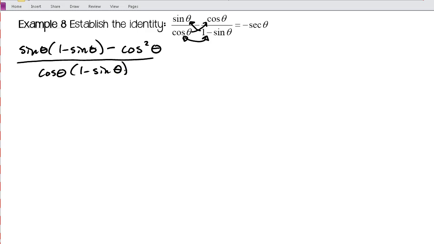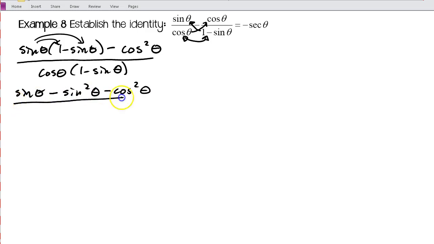Alright, so now I've got to start doing some simplifying. I'm going to go ahead and distribute on the numerator. So sine theta times 1 is sine theta. And sine theta times negative sine theta is minus sine squared theta, minus cosine squared theta, all over cosine theta times 1 minus sine theta.